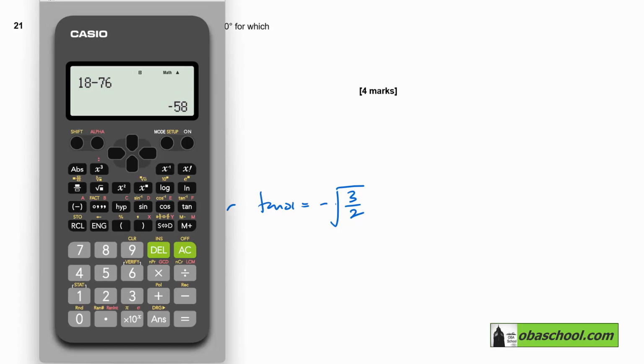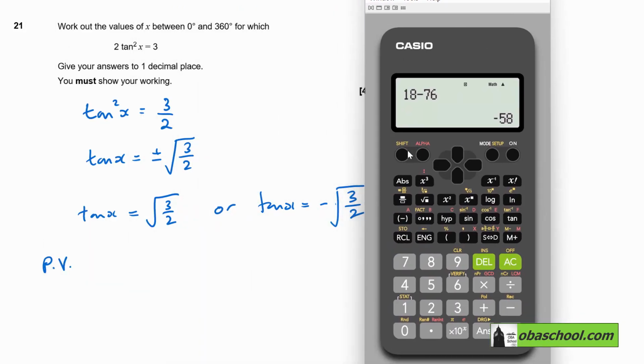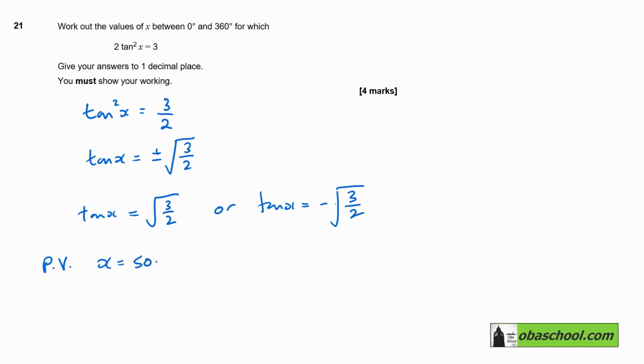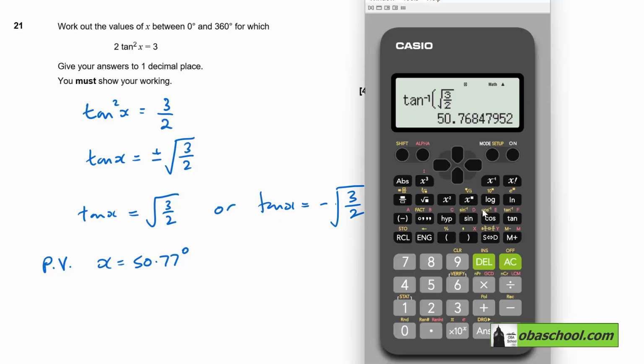So I want the inverse tangent of the square root of 3 over 2, and that's 50.77 degrees. And I also want that for the negative. So let's just go in here and put a negative in there. And that's negative 50.77.